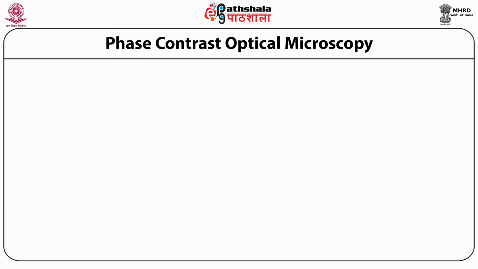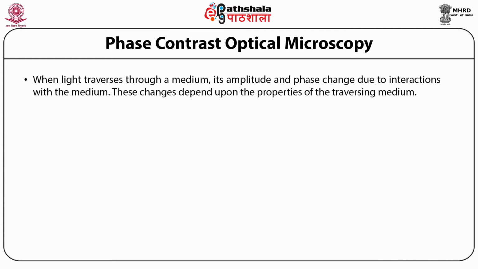Now students, let us see the phase contrast optical microscopy. When light traverses through a medium, its amplitude and phase change due to interactions with the medium. These changes depend upon the properties of the traversing medium.